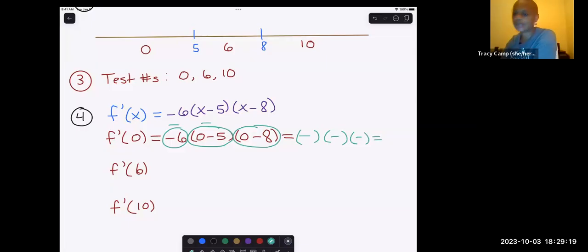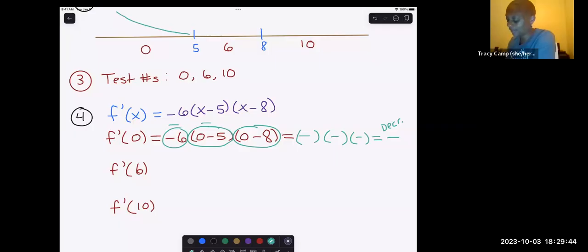And so then I say negative times negative is positive times negative is negative, which tells me my function is decreasing right here. When the derivative is negative, the function's decreasing. I'm going to draw a decreasing curve to the left of 5. That's where my test number came from, being to the left of 5.